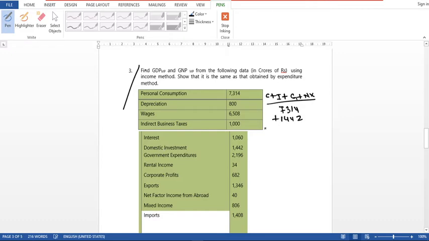Government expenditure is 2,196. Export is 1,346. Import is 1,408.